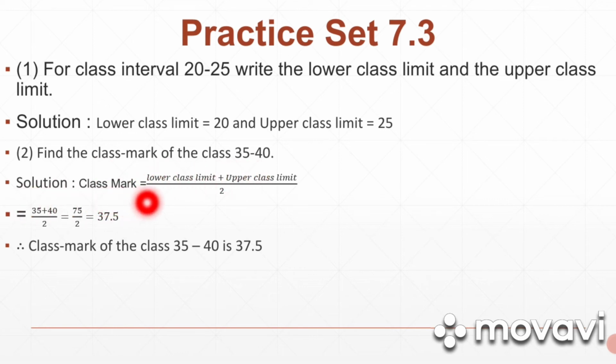Class mark is equal to (lower class limit plus upper class limit) upon 2, that is equal to (35 plus 40) upon 2, which is equal to 75 upon 2, which is equal to 37.5. Therefore, the class mark of the class 35 to 40 is 37.5.